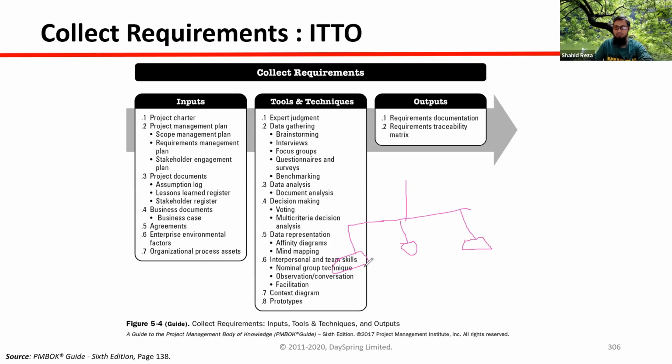So in this way, if we arrange the requirements, then it looks like a tree. So what we are doing here is categorizing the requirements and arranging them as per those categories. That is known as affinity diagrams, and generally it looks like a tree structure.